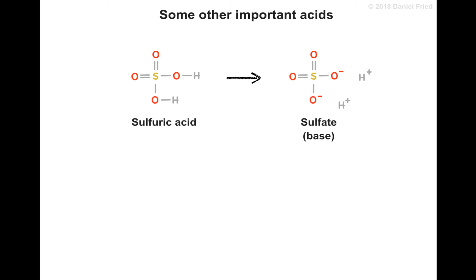In chemistry, the -ate suffix usually can indicate a base form of an acid. When those 2 protons leave, remember they carry away their own protons, but they leave behind the electrons that used to be part of that bond. So that's what increases the charge on those oxygens to -1 on each one. So sulfate has actually a 2- charge altogether because electrons have been left behind when those protons leave.